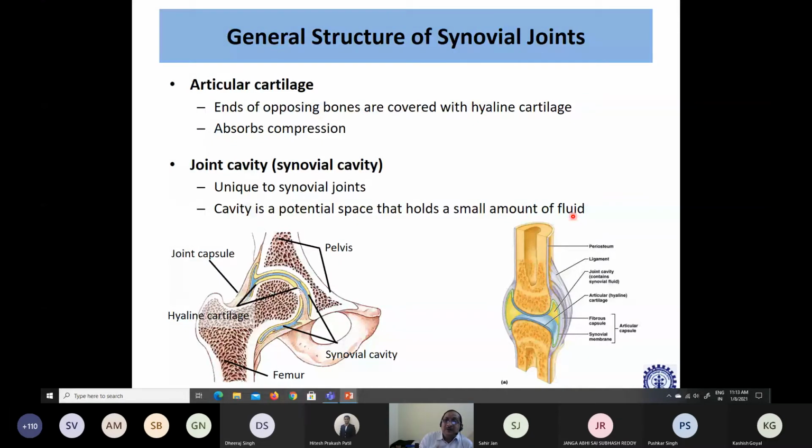So together with the articular cartilage and the synovial cavity containing the fluid, these synovial joints are responsible for sharing of load as well as offering a large range of motion. So if you visit the slides again and again, you will find the descriptions of these bony parts, the joints, the inside part of the joint, as well as the joint cavity very clearly.